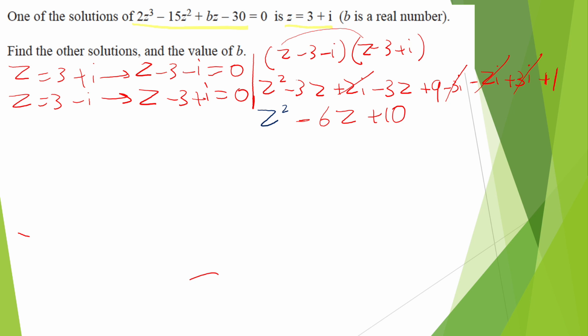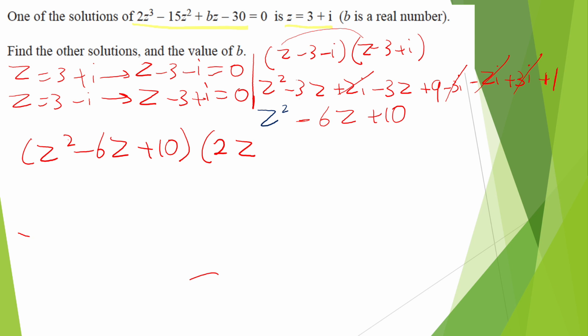Now the next step, you would say, all right, so this was one of the factors. That has two factors in here, so you need to find the other factor. The other factor definitely has 2z, because I've got 2z to the power of 3, and this is only z squared.